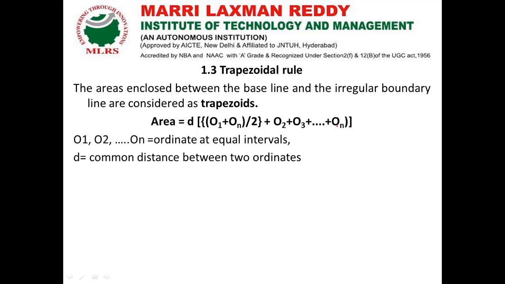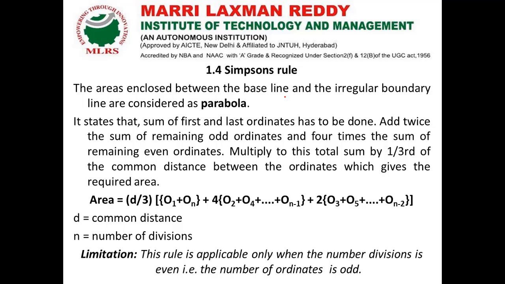Okay, then fourth one is Simpson's rule. Here the area enclosed between the baseline and the irregular boundary line is to be considered as parabola.